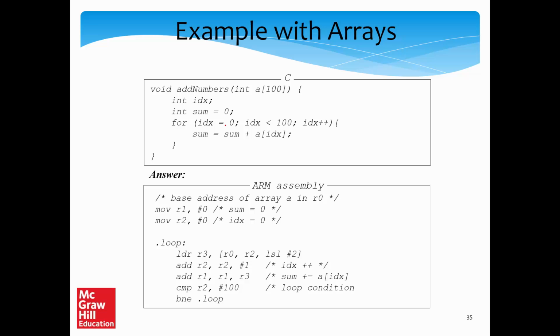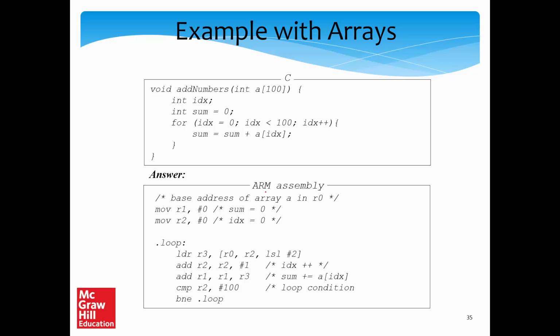The index moves from 0 to 100, so we iterate through all the elements in the array, and we do sum equals sum plus A[idx], which means we are adding all the elements of the array to the sum. The final output will be in the sum variable, and it can be returned as well, but I'm not showing that.